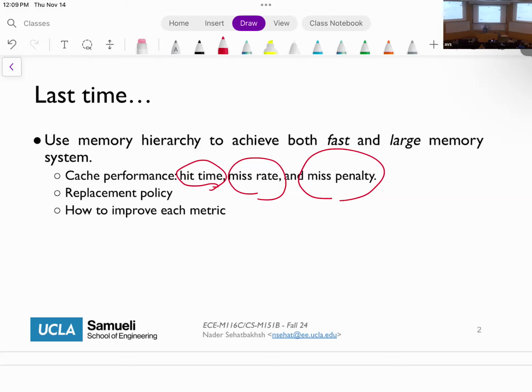And we gave you a lot of different ways of optimizing each of these metrics, and you saw that some of these techniques impact multiple of these metrics. We talked a little bit about replacement policies and structure of the cache and so on and so forth. As I said, we talked about how to improve each metric. Hopefully you've understood all that.